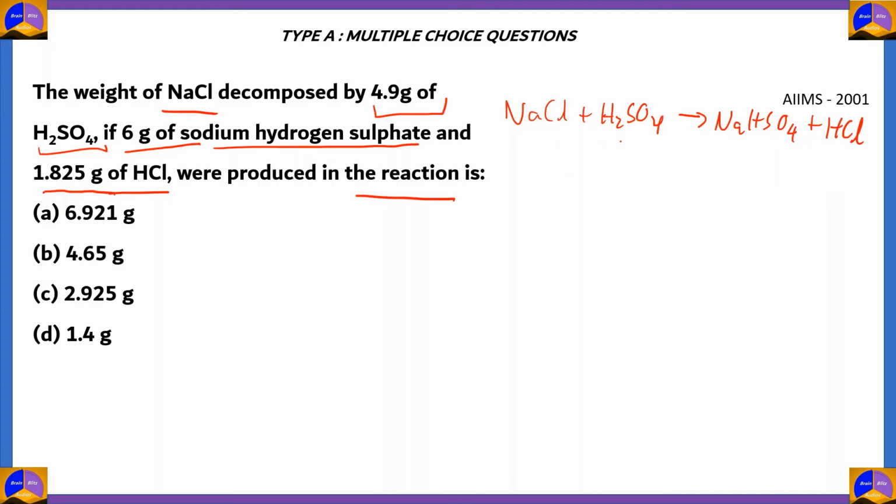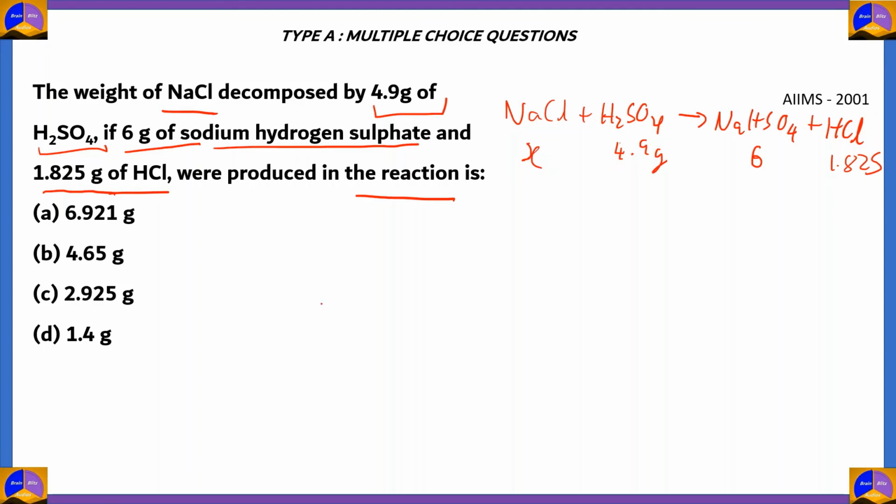We are given that the mass of H2SO4 is 4.9 grams. The mass of NaHSO4, sodium hydrogen sulfate, is 6. And the mass of HCl is 1.825. Let's consider the mass of NaCl as X.